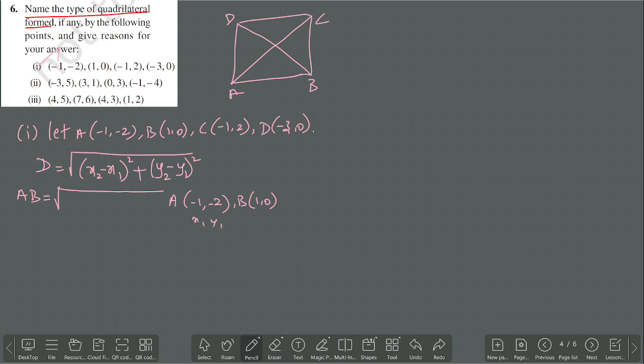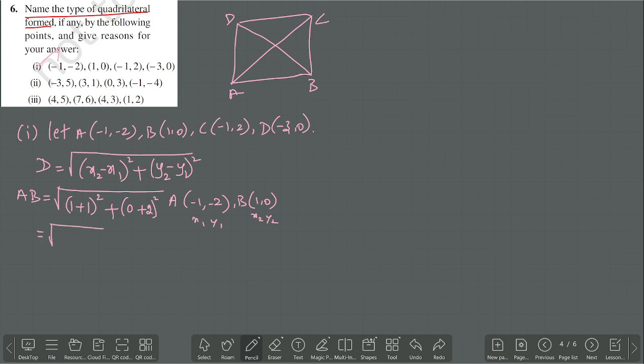First point is x1, y1, second point is x2, y2. Substituting, x2 value 1 minus x1 value minus 1, minus into minus gives plus 1 squared, plus y2 value 0 minus y1 value minus 2, gives plus 2 squared. Do you understand?